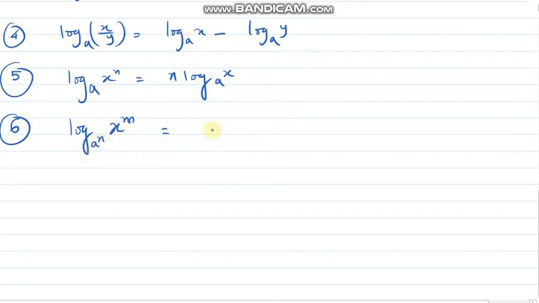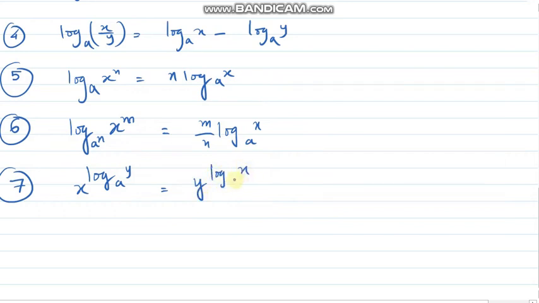That formula will be m divided by n times log of x to the base a. The seventh formula: x to the power log y to the base a, which we can also write as y to the power log x to the base a. This is my seventh formula.